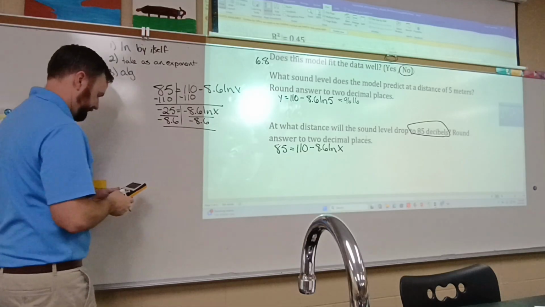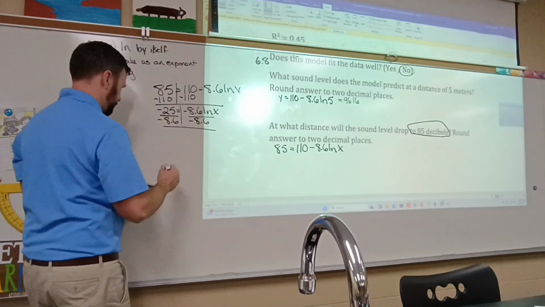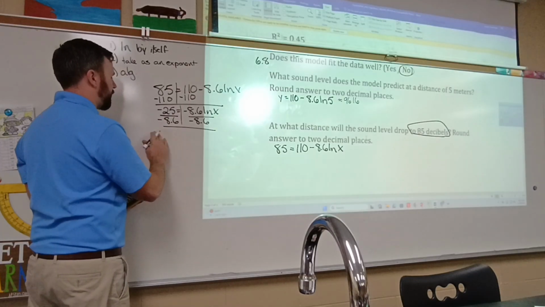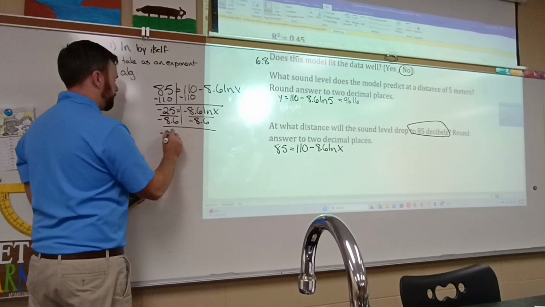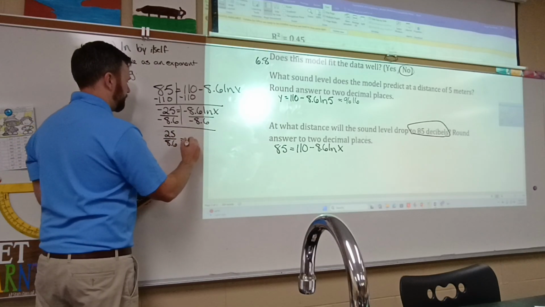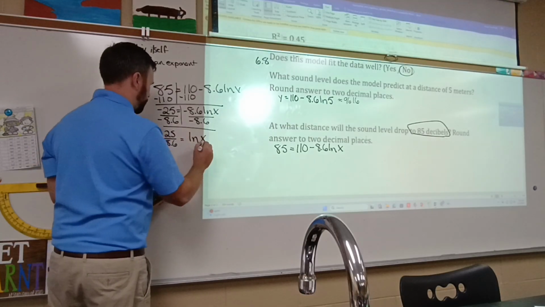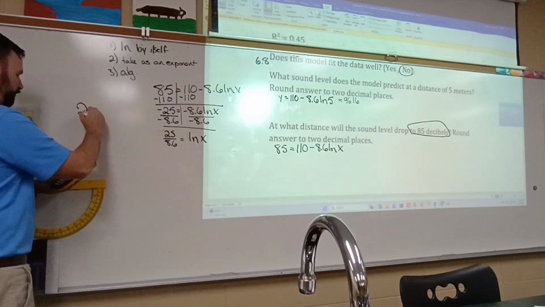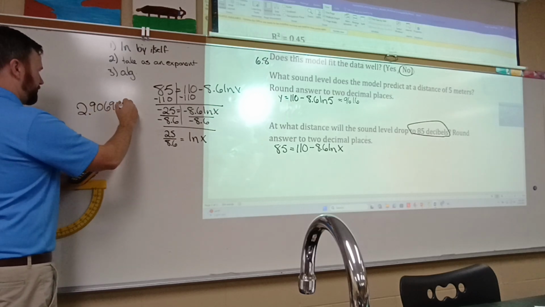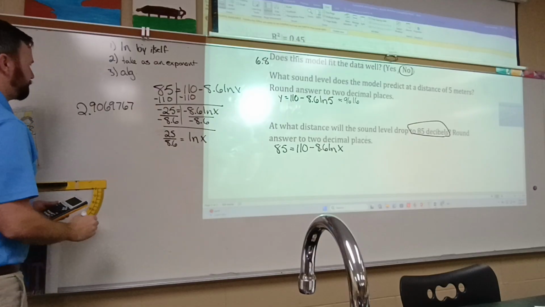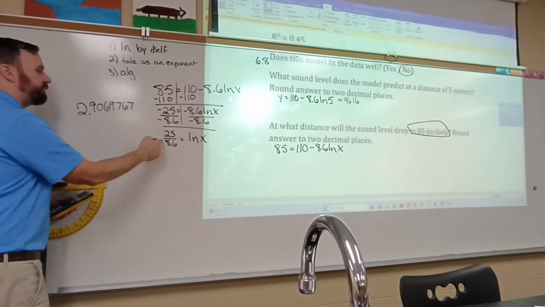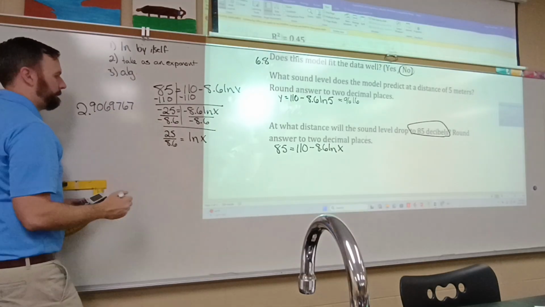I don't know what that is. 2. Ooh. I'm going to leave it as a fraction. Why is it a benefit to leave it as a fraction? Then I don't have to worry about decimals. If I wrote that decimal, I'd have to do 2.9069767. All right, I could write that as a decimal. All right, you can do that.